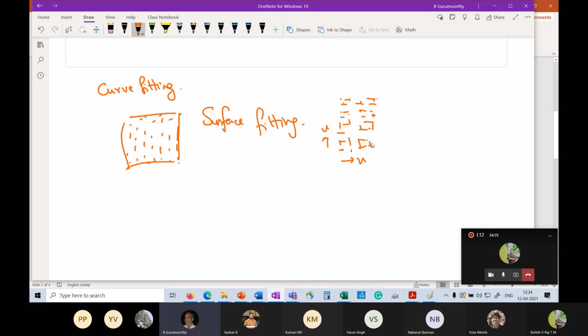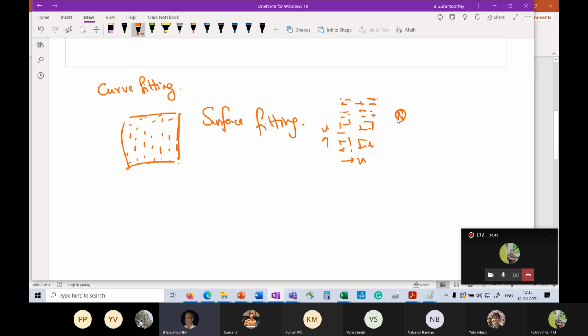Now this problem of fitting points given like this to a surface can be easily done by extending the same idea that you had for curve fitting to surface fitting. I can assign values of u to points along this side, v along that side, and then essentially it amounts to solving a linear equation in the unknowns. So it is straightforward.